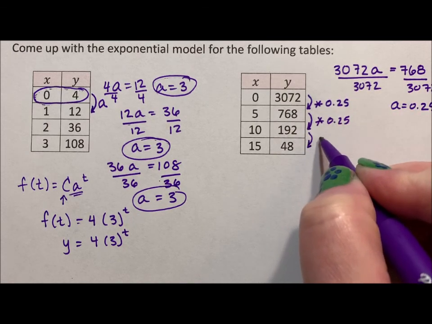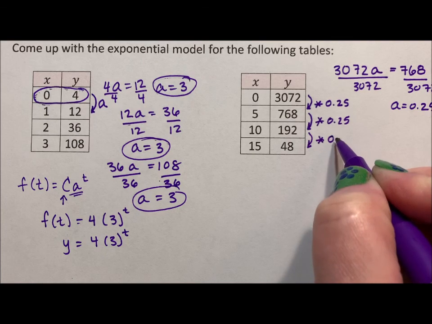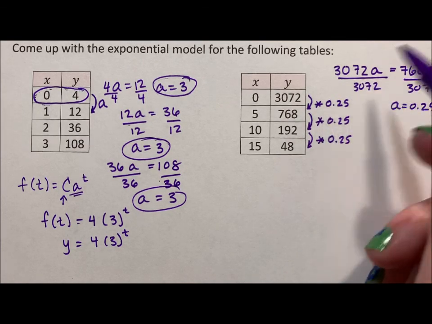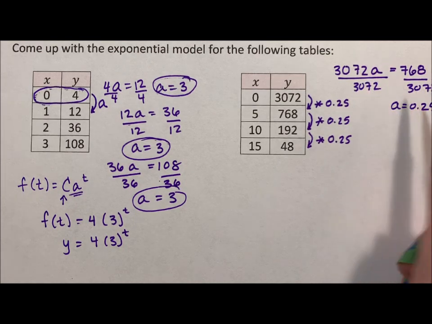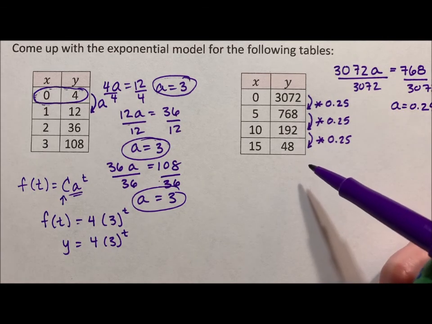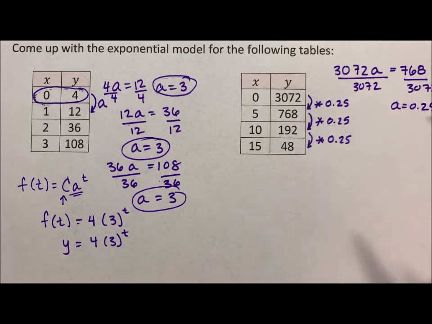And if you hit answer again, you should automatically get times 0.25 and you should get the 48. So you shouldn't actually have to do all of this work each time. You should be able to use the power of your calculator to generate this table, which is a faster way of figuring out if this is all correct, which is nice.